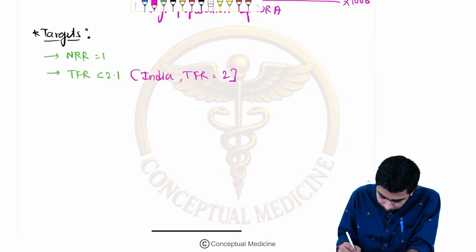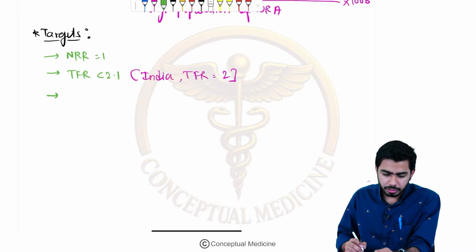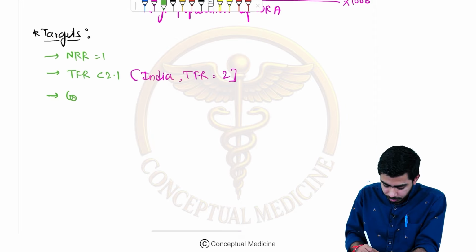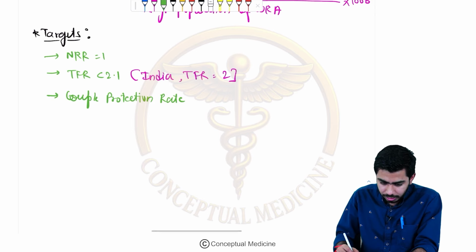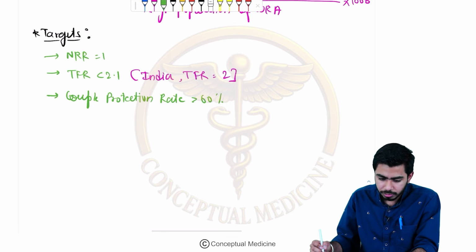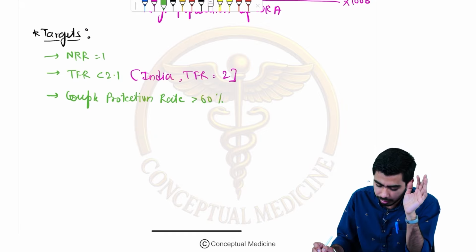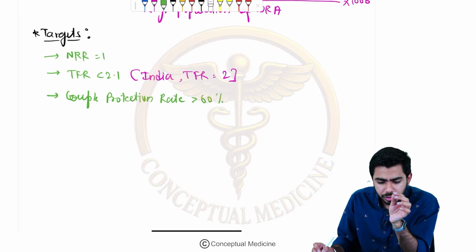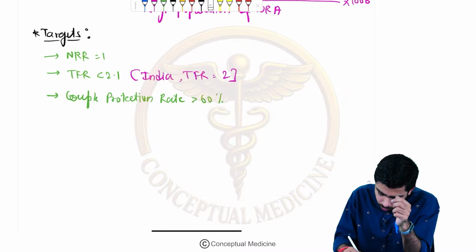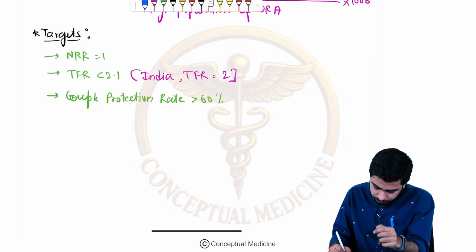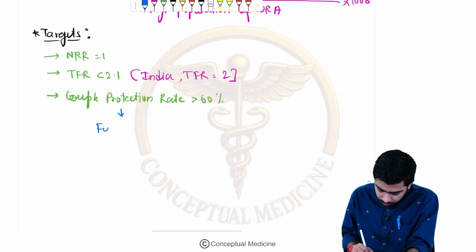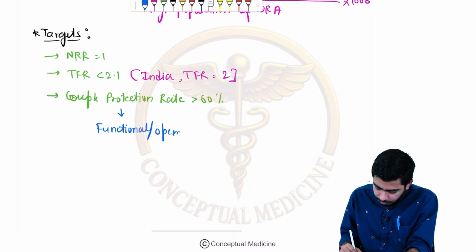Okay guys, now if we talk about the couple protection rate, our target is that it should be more than 60%. This is also a functional or operational indicator.